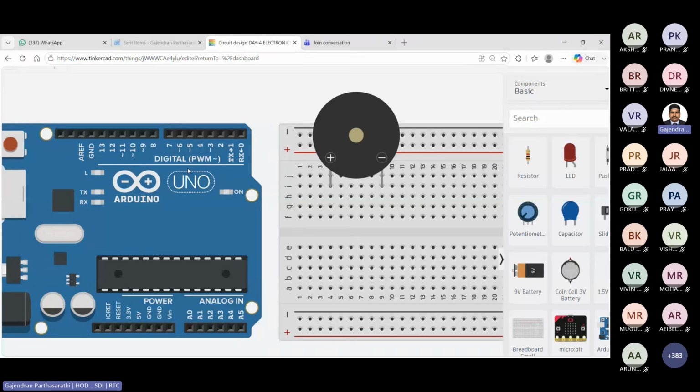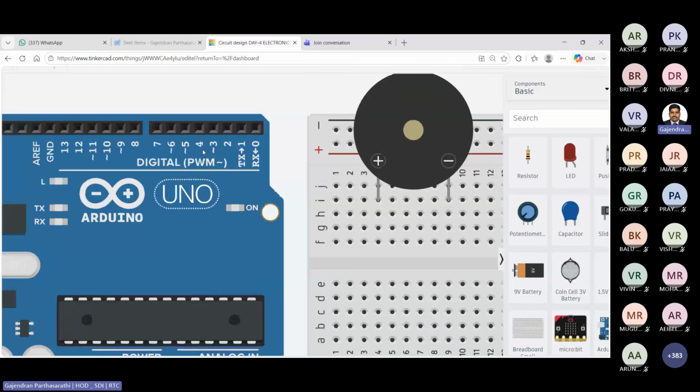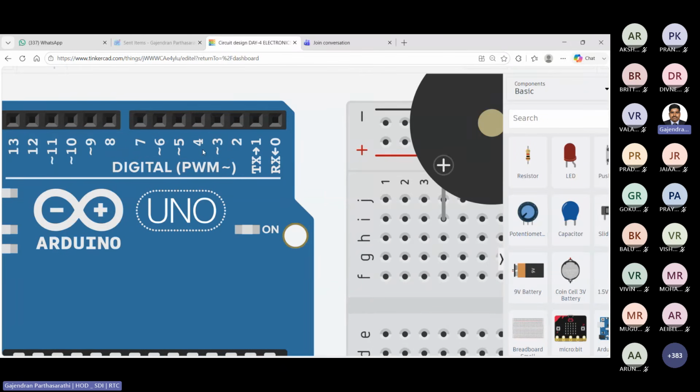Very good: 3, 5, 6, 9, 10, and 11. What is the difference in these pins? Please observe my Tinkercad screen. PWM pins are notated with the tilde symbol. Very good.